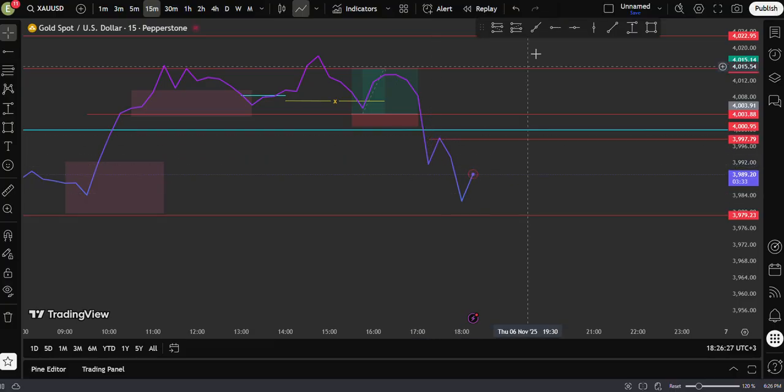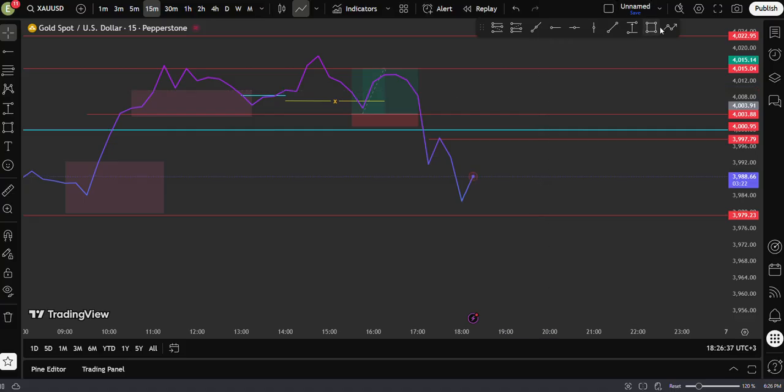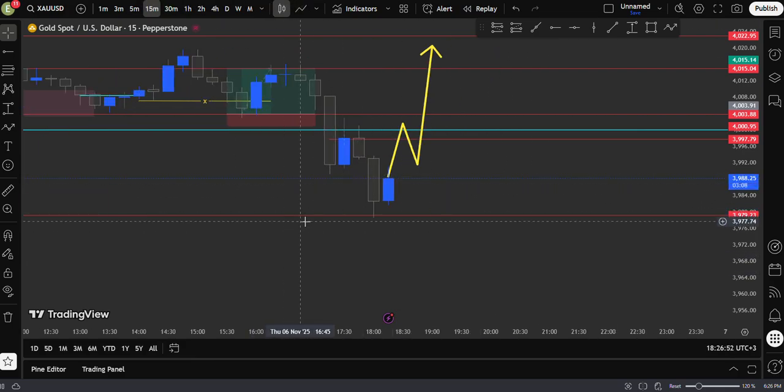If the market closes above this zone, we shall expect it to come there and push up, because we are seeing that the market is rejecting this level.